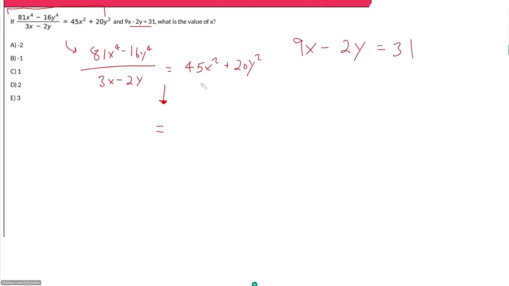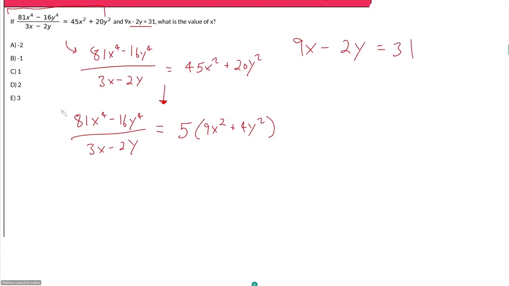So I will just factor out a 5 here. That gives me 5 times 9x squared plus 4y squared, all equal to 81x to the fourth minus 16y to the fourth all over 3x minus 2y. So far, nothing really cancels out.